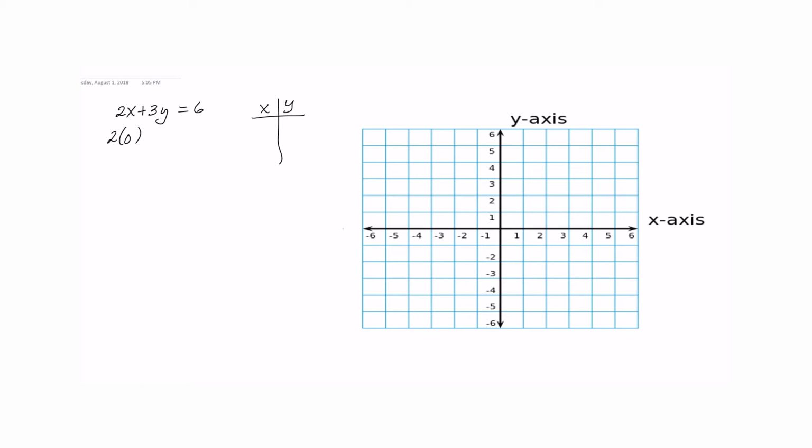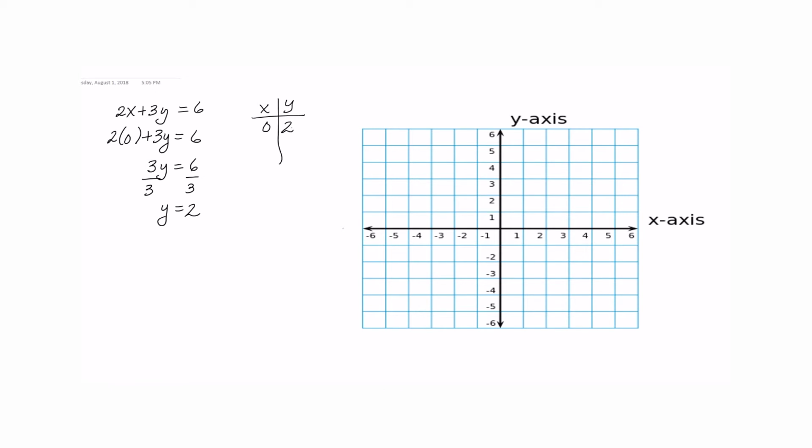Because 2 times 0, of course, is 0. So that's going to leave me 3 times y equals 6. And when I divide both sides by 3, I see that the y value that corresponds with an x value of 0 is 2. So when x is 0, y is 2.